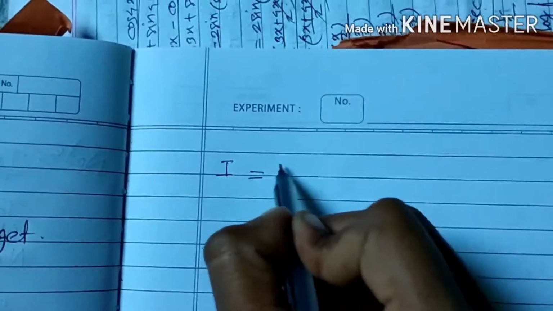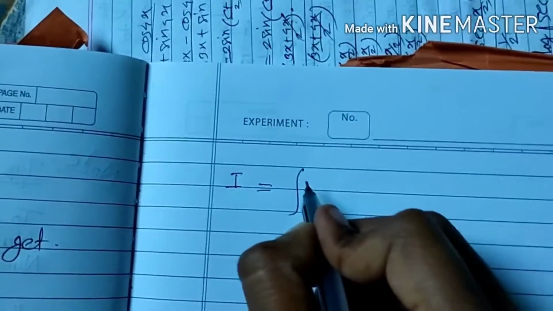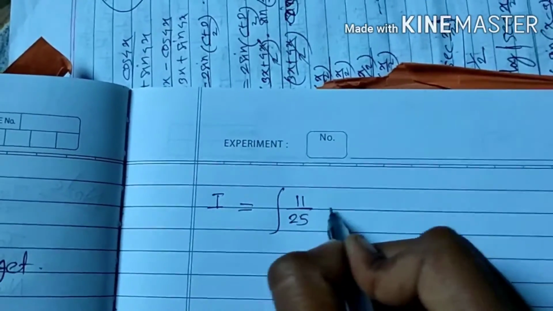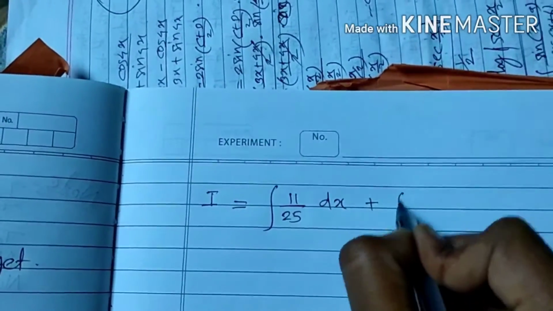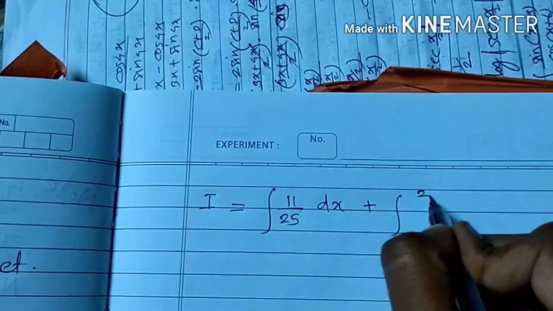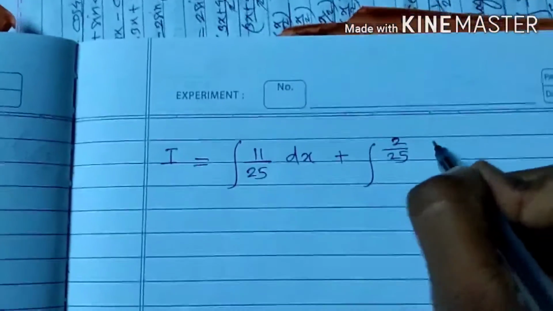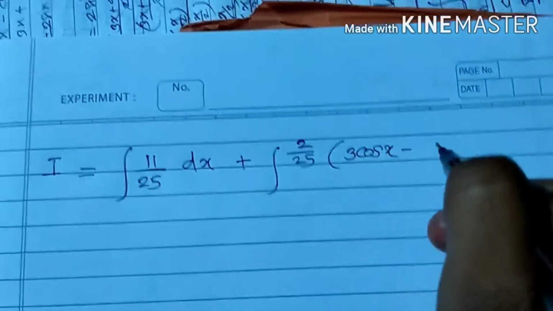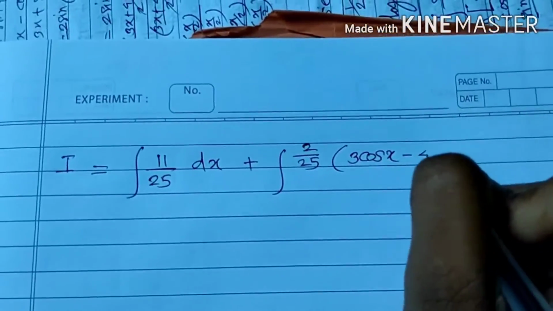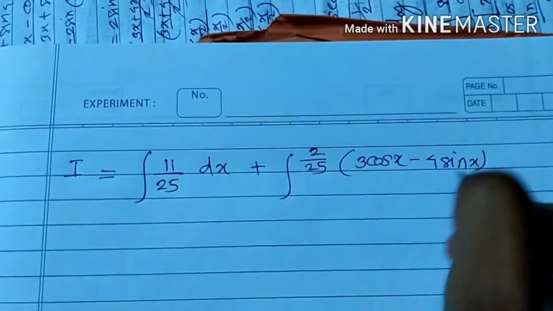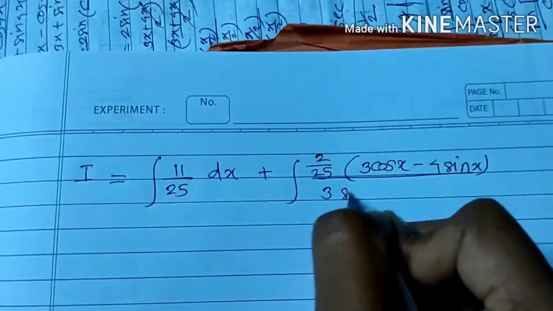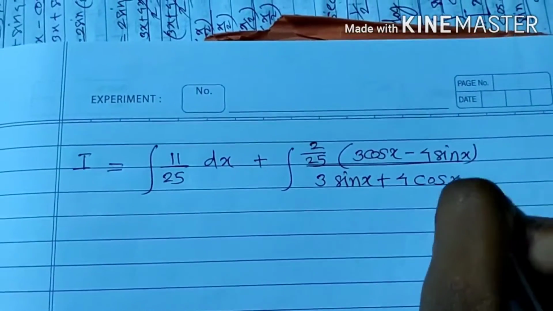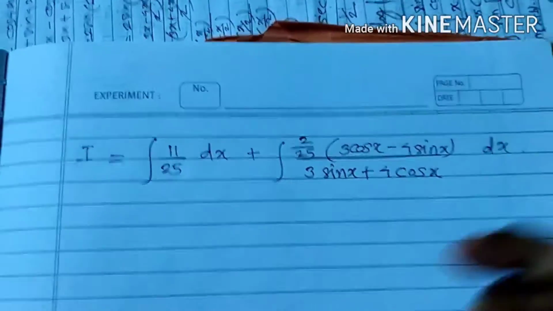Now separate the integration, so we get I is equal to integration of 11 upon 25 dx plus integration of 2 upon 25 (3 cos x minus 4 sin x) upon (3 sin x plus 4 cos x) dx.